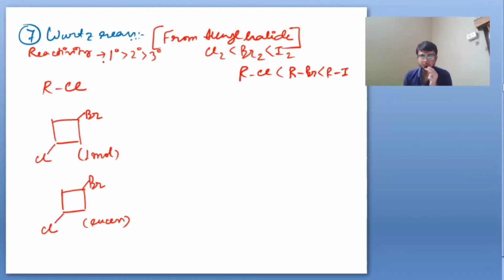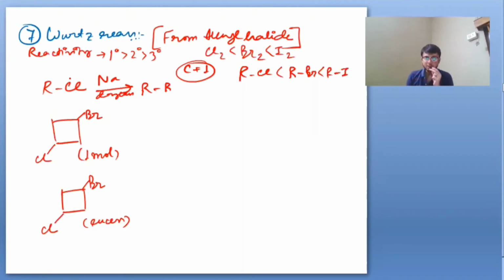Now this is a C plus 1 reaction. That means we have seen C minus 1, where the product gets one less carbon than the reactant. So here the product gets plus 1 carbon from the reactant. So what happens is that if we just add Na dry ether, it gives us RR. Okay, so what will be the trick to do it in the exam?